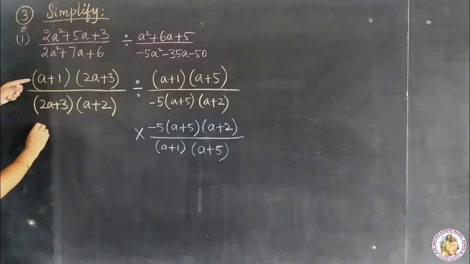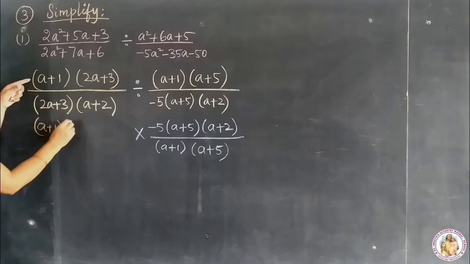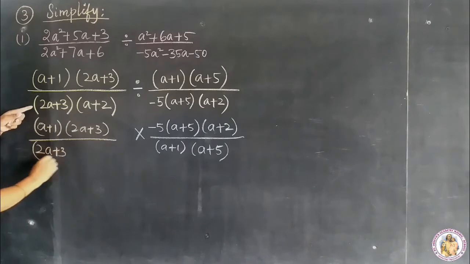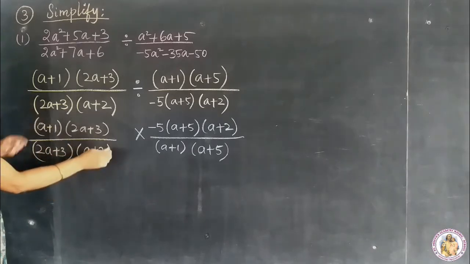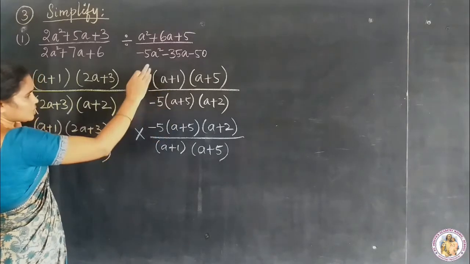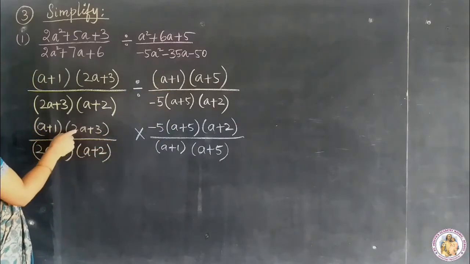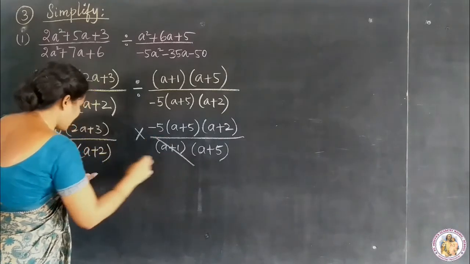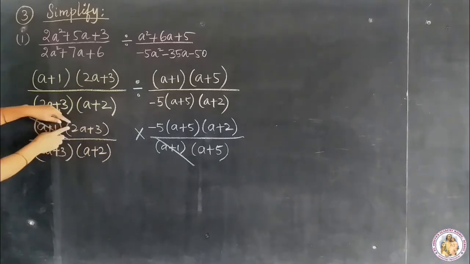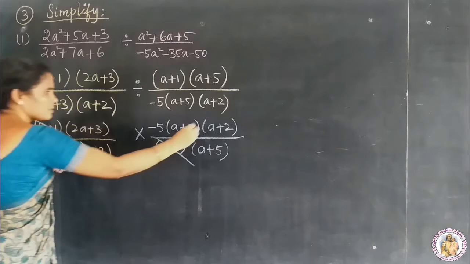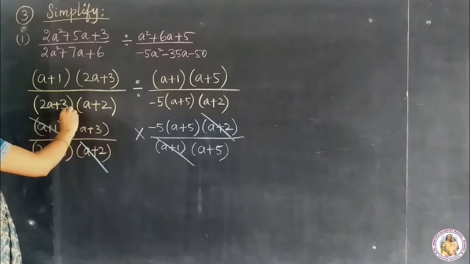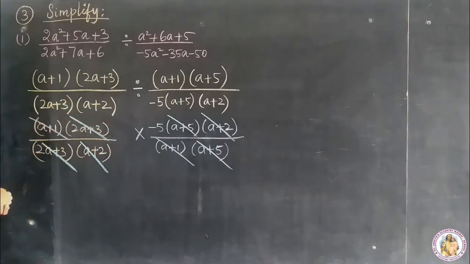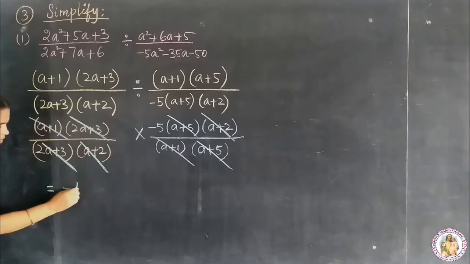Okay, here write as it is. Keep in mind only the right side must be reciprocal. Okay, now you can cancel 2a plus 1, a plus 1 cancel, and a plus 2, and 2a plus 3, a plus 5. Now we have only minus 5.